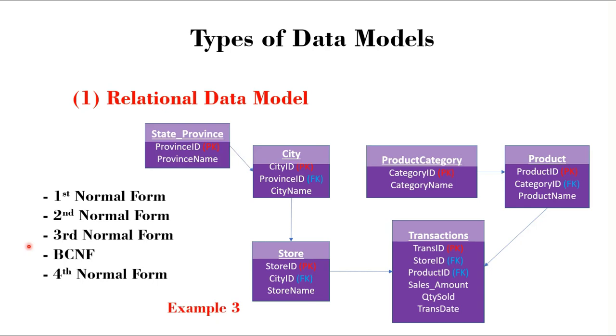Also, if the company now has stores in other provinces, then we need to create a province table and link it to its corresponding related table, which is the city table. In this case, we have achieved a normalized model by instinctively applying the normal forms. However, I intend to show you in a future video what these normal forms are.